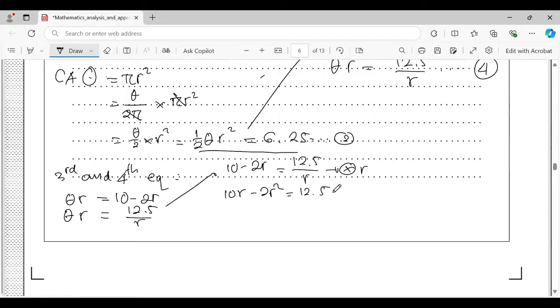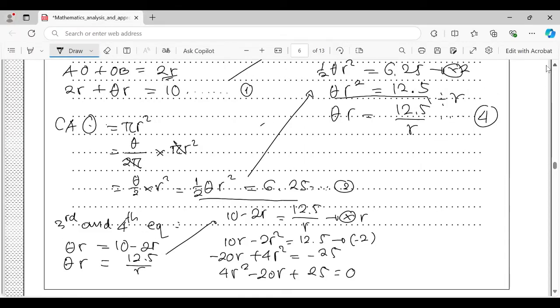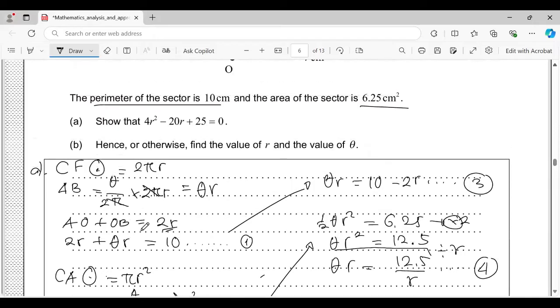After that, multiply by minus 2, and it becomes 4r squared minus 20r plus 25 equals 0. So already we prove that 4r squared minus 20r plus 25 equals 0.